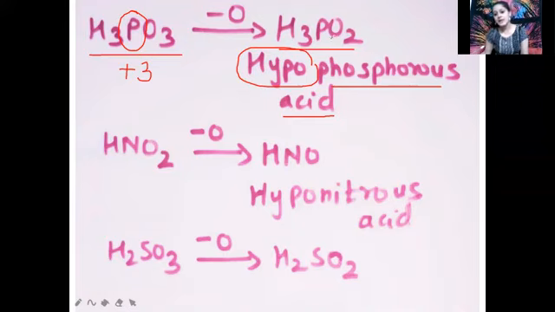Now in this, if I want to find out the oxidation state of phosphorus, it is a very simple method again. Okay? The charge on each oxygen atom is minus 2. So because we have 2 oxygen atoms, it will give you minus 4. Then we all know that the charge on hydrogen is plus 1. Because there are 3 hydrogen atoms, we will have plus 3.